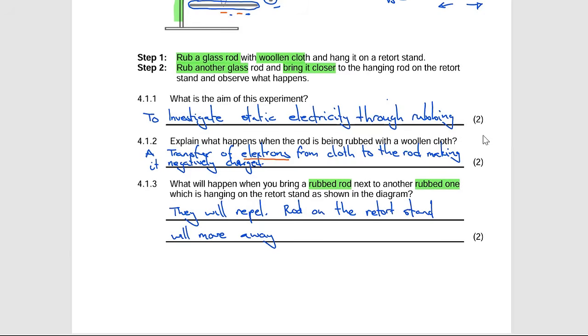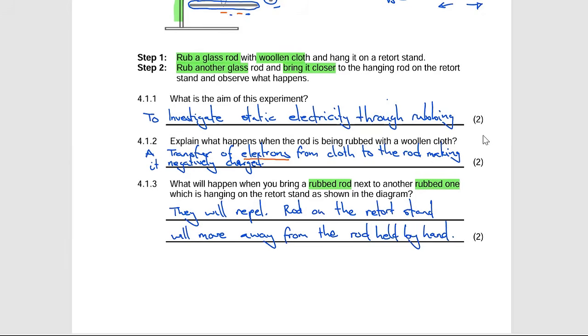Moving away is being repelled. It will move away from the rod held by hand, like that.